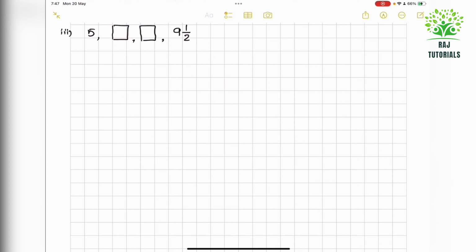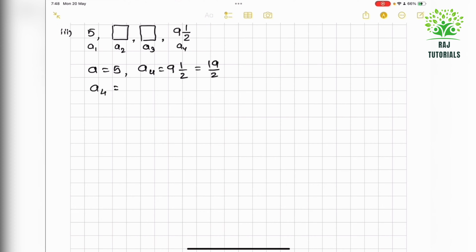The next one is 5, box, box, 9 and a half. So this is A1, A2, A3, A4. Here a equal to 5, A4 equal to 9 and a half, so that will be 19 by 2.